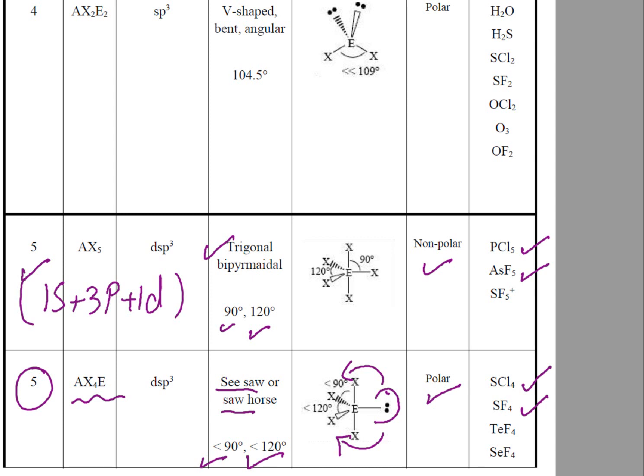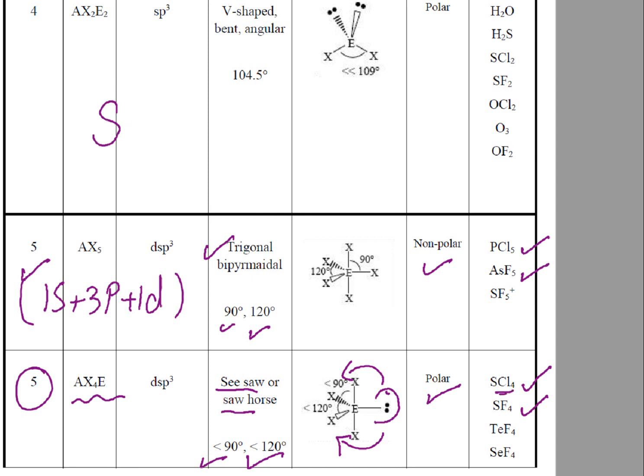If you are asked in an exam, if you are given those examples and you will be asked is the molecule polar or not and what is the type of hybridization, okay, let's practice. Let's take for example SCl4. S, sulfur, is in group 6. This means that it is surrounded with 3 pairs of electrons.